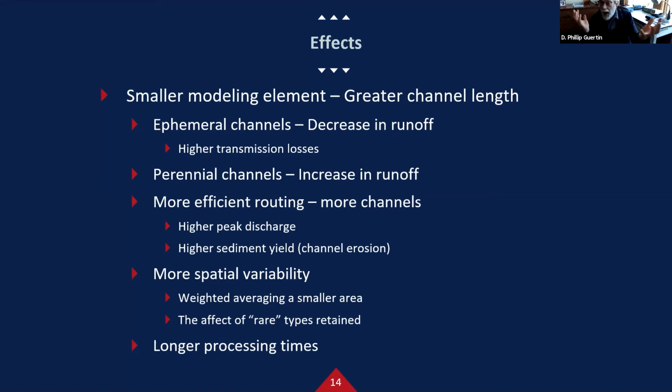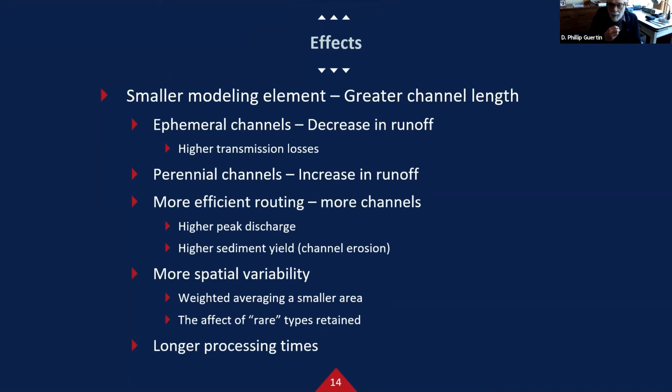But if you have a perennial stream and you're adding base water to the channel as you flow down, you'll see an increase in runoff. You have more channels, more efficient routing. This will result in a higher peak flow. It will also result in higher sediment yield related to channel erosion.